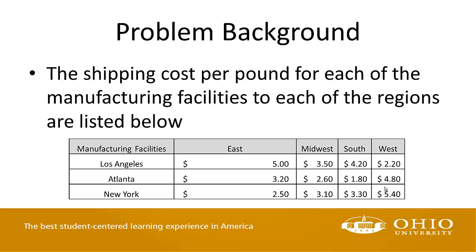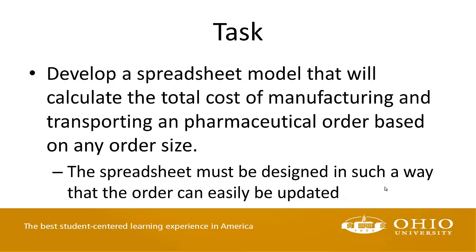But if we're in Los Angeles and we're shipping to the West, we will have a less expensive shipping cost of $2.20. The table provided below represents all of the shipping costs. Whatever schedule or order, I'll use those interchangeably, that we come up with, we'll need this table to calculate the total cost based on our order.